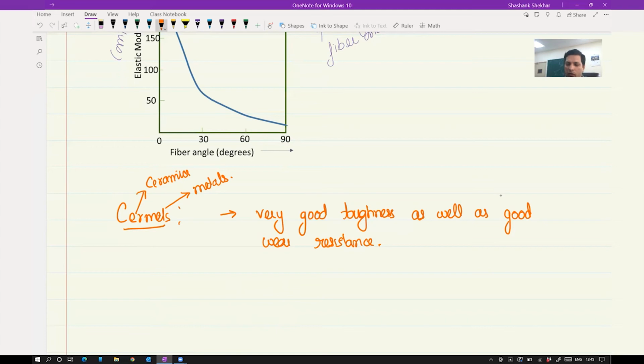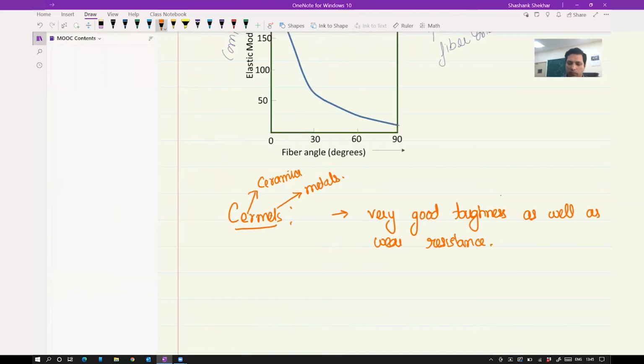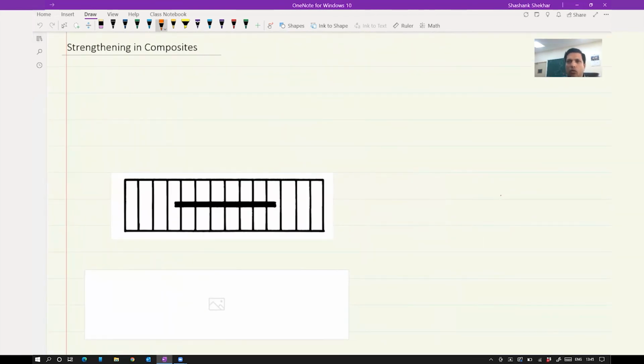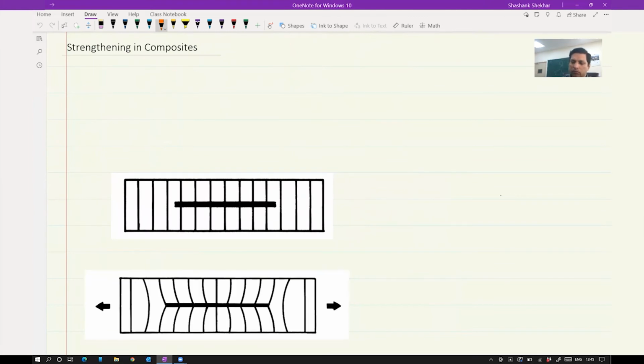Now we will move on to the strengthening mechanisms in composites. There are two broad mechanisms of strengthening. We have already looked at it in a very broad way.